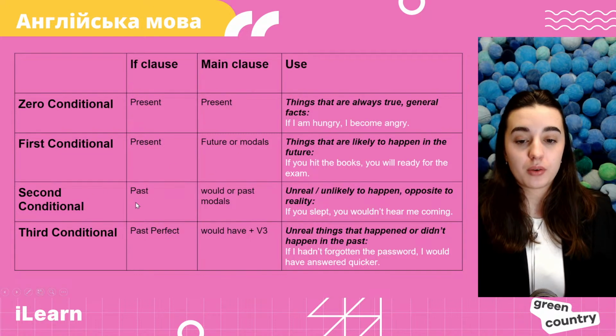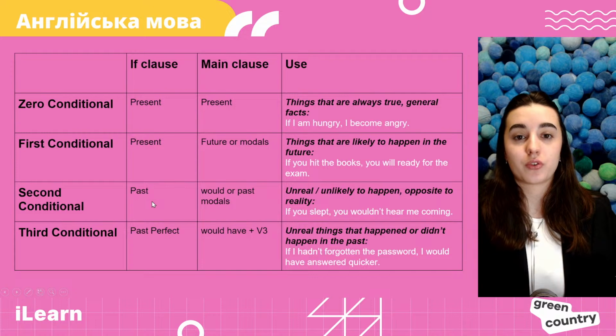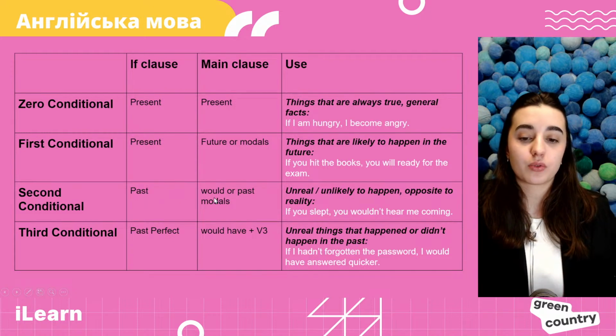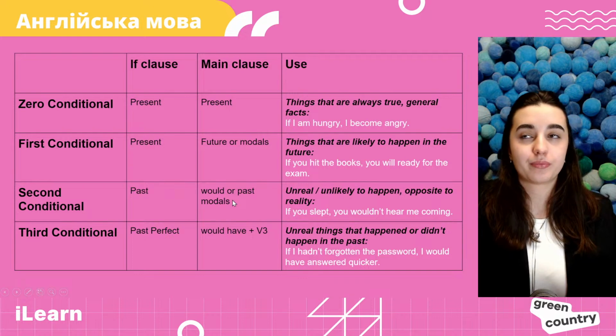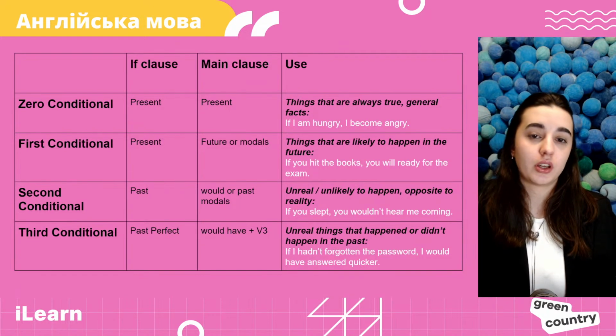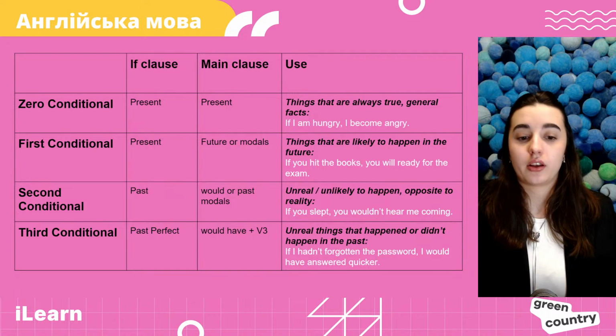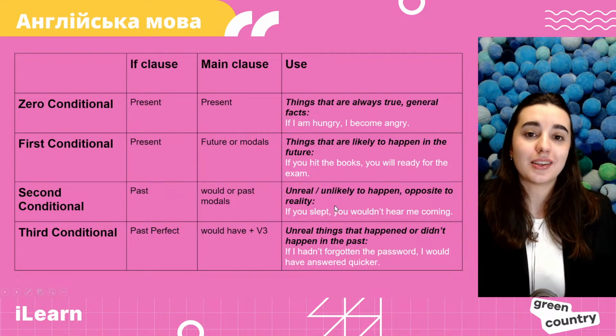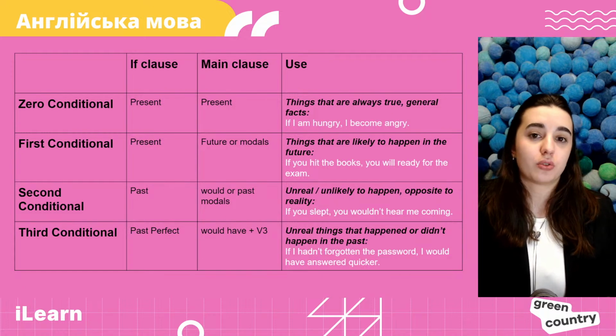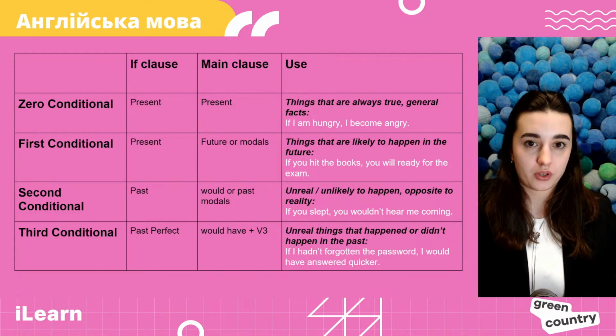Conditional number 2 ми вживаємо з умовою в минулому часі і додаємо в результат would або минулі модальні дієслова. Could, would, I don't know, had to, and etc. І ми говоримо про ситуації, які навряд чи стануться, тому вони майже нереальні в житті.